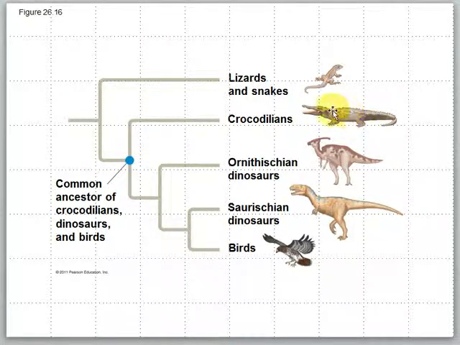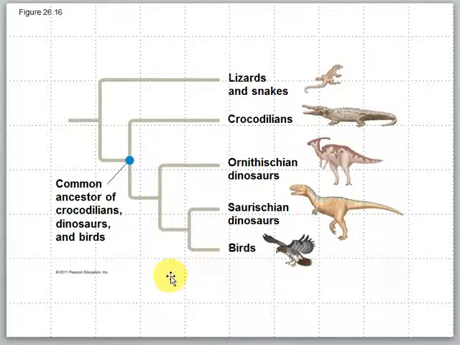Well, what traits or what genetic data do the crocodiles and the birds share that perhaps the dinosaurs that are no longer around would have also shared? Because if the crocodiles and the birds share certain traits, then that likely came from the common ancestor. And if it was present in that common ancestor, then it would have also been present in the dinosaurs that are represented here that are no longer around.